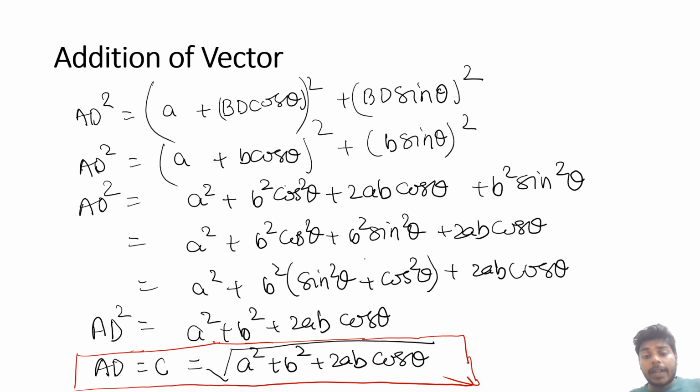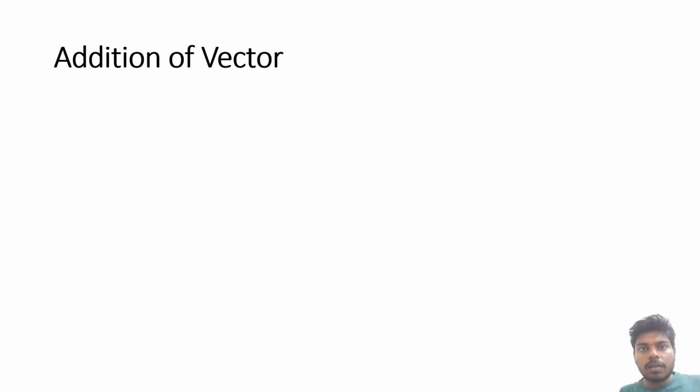Now we have to find the direction of resultant vector with respect to a vector. Let's go to the next slide. This is the last slide. We have calculated the magnitude. Now the direction.